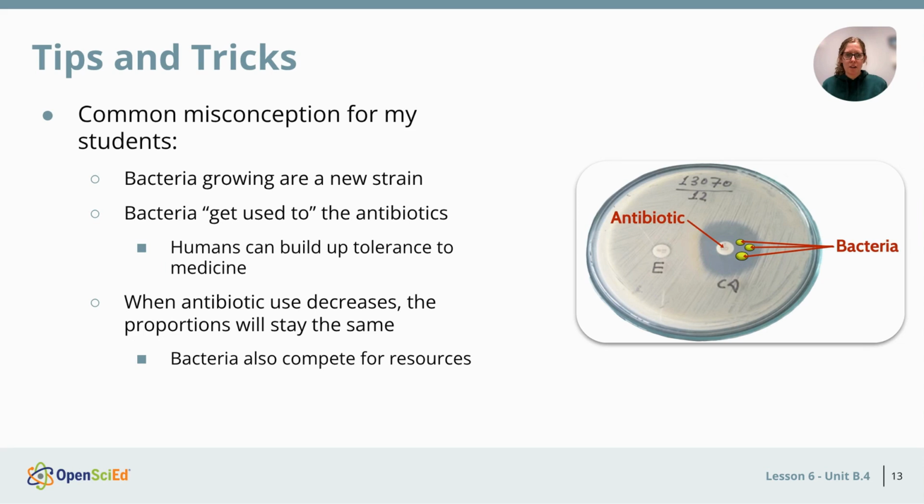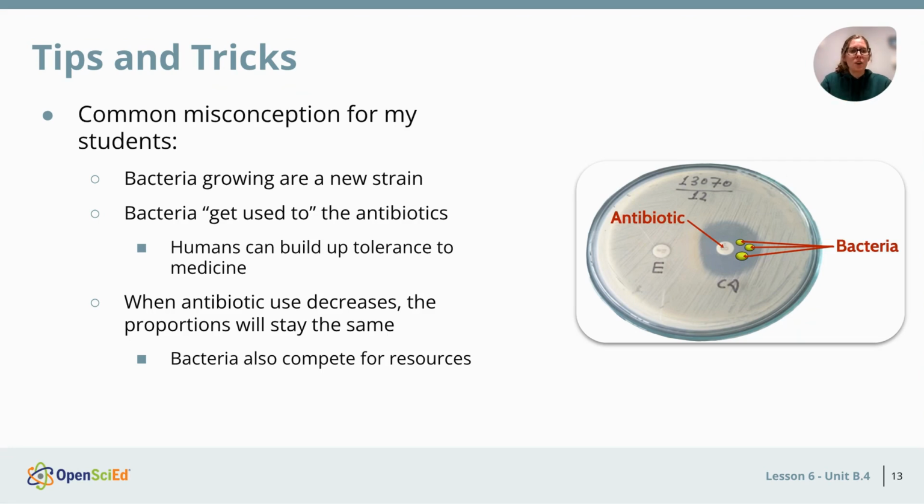And a lot of students know that humans can develop a tolerance for medication, that if you take a medication for a long period of time, potentially you might need a higher dose of that medication for it to be just as effective. And the trap is trying to then apply that to the bacteria. So a lot of my students, the first time I did this transfer task, put that the bacteria were getting used to the antibiotics, that the reason why there were still some bacteria is that those were the strong bacteria. Then they developed a tolerance or got used to the antibiotics.